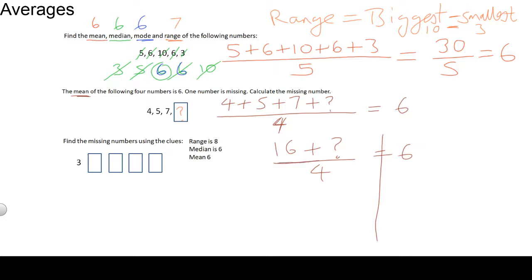To get rid of divide by 4, I need to times by 4. Whatever I do on this side, do on the other side. Right, divide by 4 is cancelled by times by 4. You're left with 16 add question mark is equal to 6 times 4 is 24. Right, 16 add something to give me 24. Well, that is going to be 8. Missing number is 8.